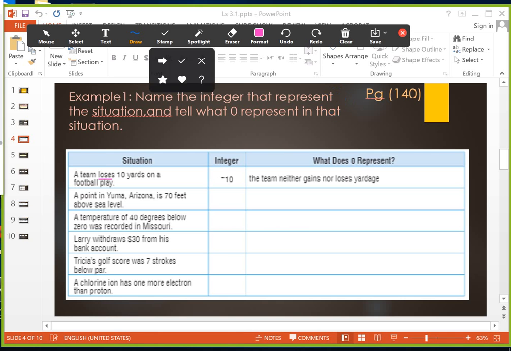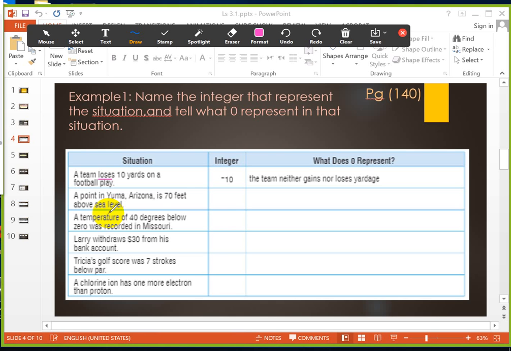Now let's see the second situation: a point in Yuma, Arizona is 7 feet above sea level. I think you took something like this in the science subject.